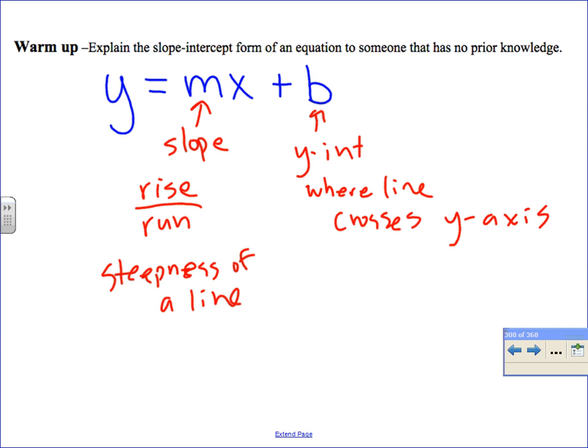How far up or far down? Yeah, but I like where you said where it crosses the y-axis, because they should know that. I'm hoping that this is the y-axis. If not, Donatus, we could draw it for them and show them. Sean, what else could we say? Good job. Very good.